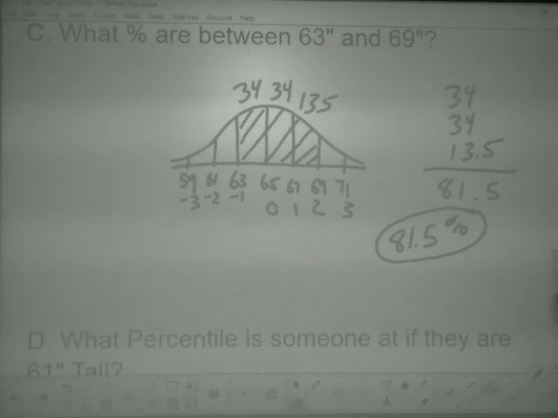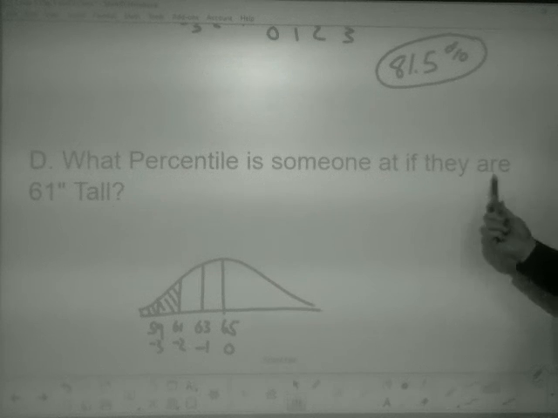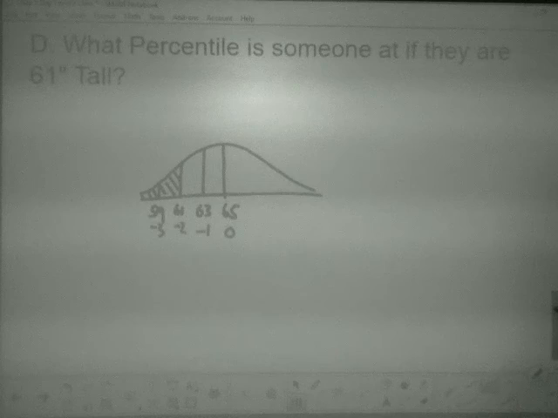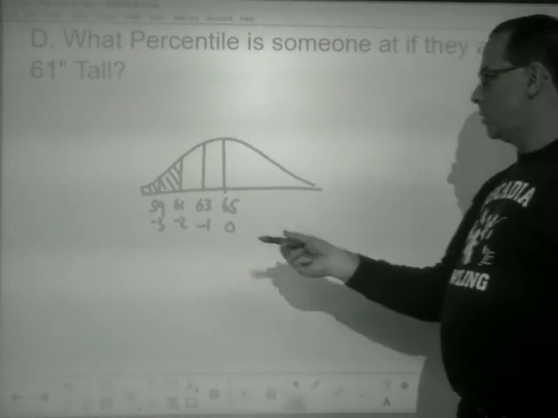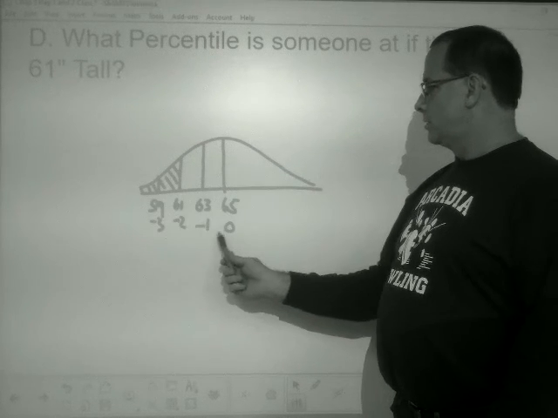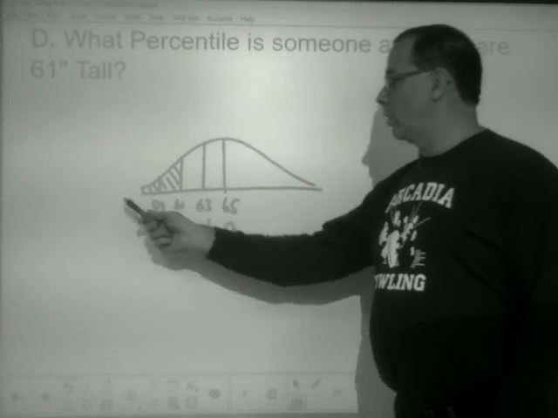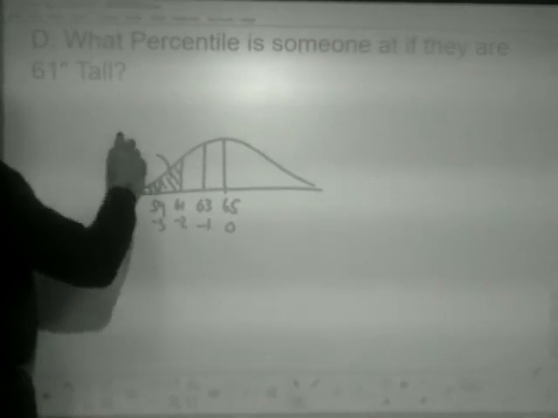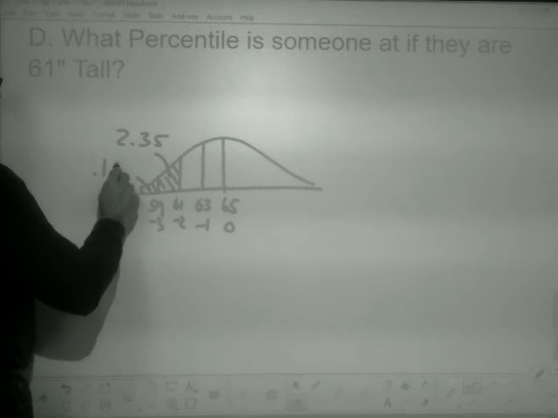Last one, what percentile is someone in if they are 61 inches tall? Again, percentile is at and below. So I lay out my 65, 63, 61, 59, 0, -1, -2, -3. I'm at -2 and below. From my chart, this is 2.35 and this is 0.15.